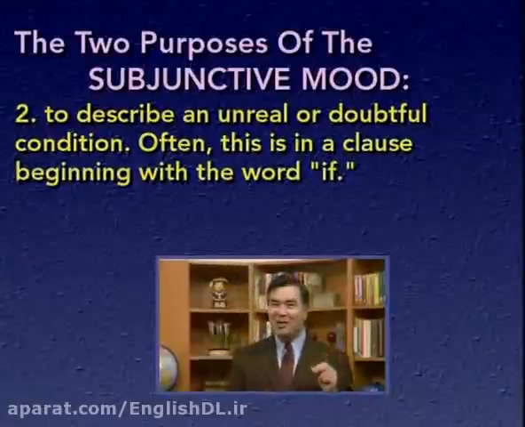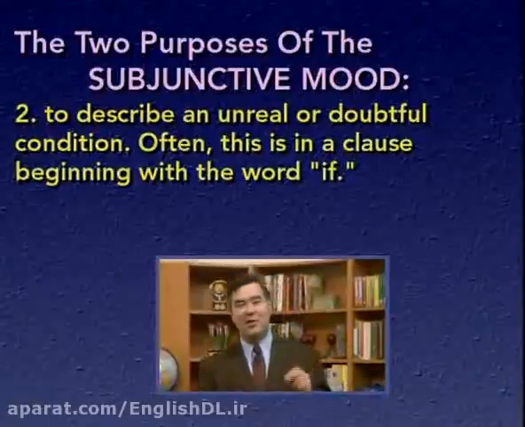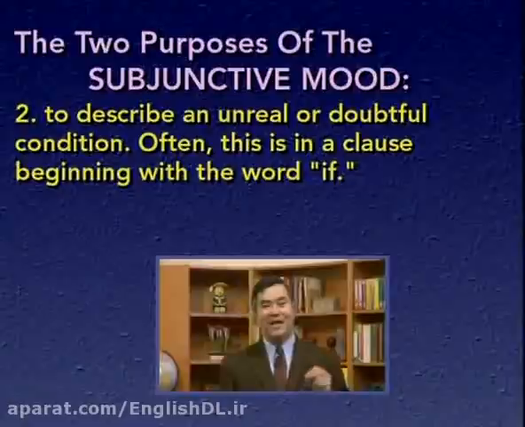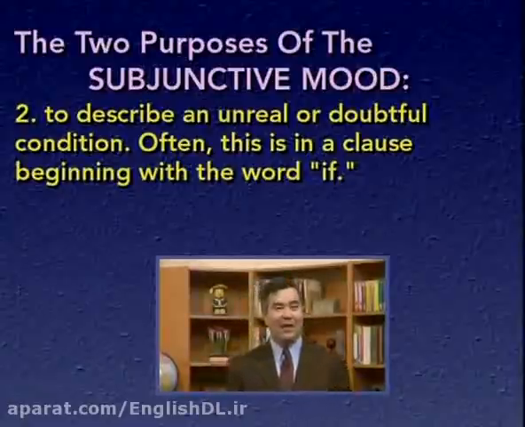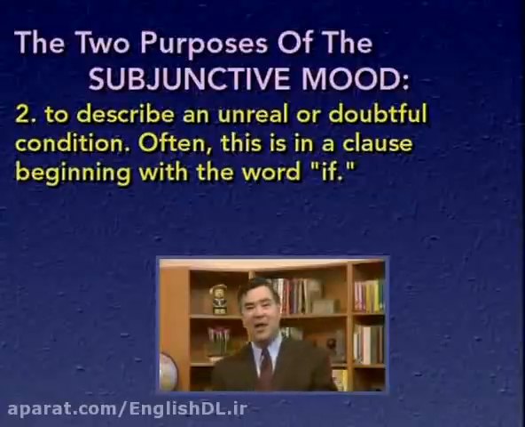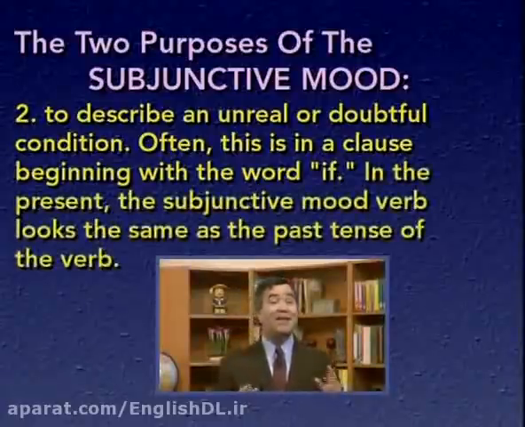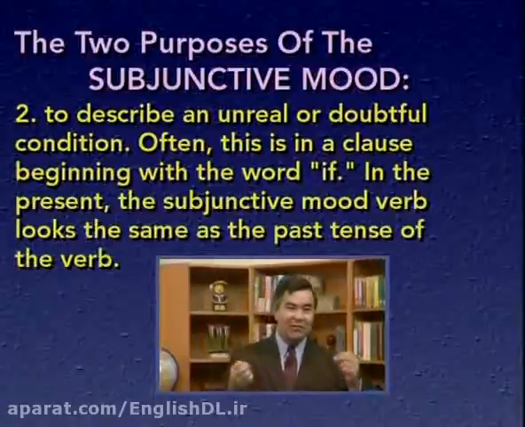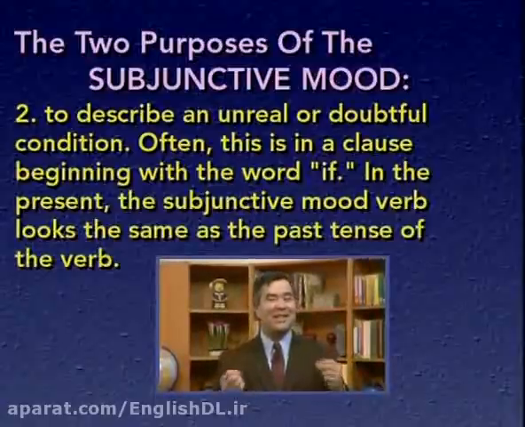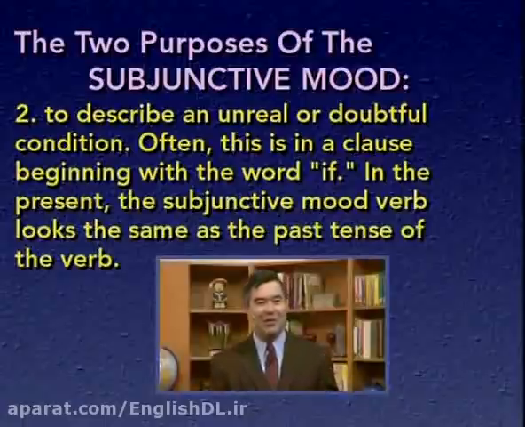Very often, although not always, this is in a clause beginning with the word if. Now, there are 2 possible ways to form the subjunctive mood of the verb when we're describing an unreal or doubtful condition. Here are the 2 ways. First, if we're talking about something happening now, in the present, then the subjunctive mood verb looks the same as the past tense of the verb.